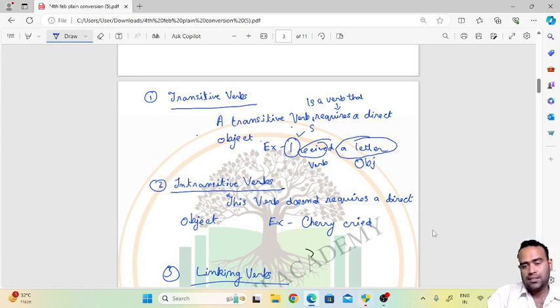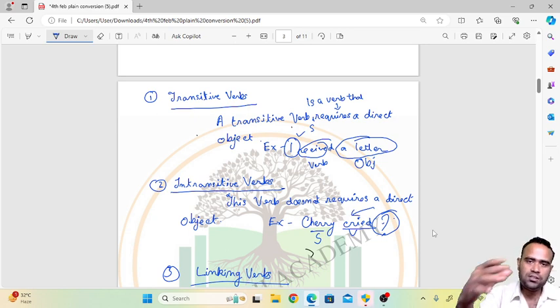If we check the example, we will find out. Cherry cried. Cherry is the subject here, cried is the verb here. Where is the object? It is missing, because an intransitive verb does not require any object to complete itself. So this is the main difference between transitive and intransitive verbs.